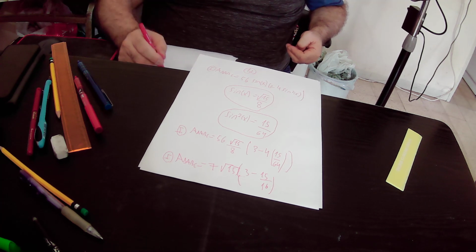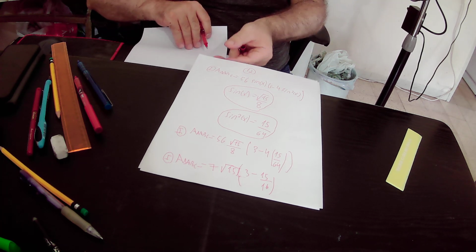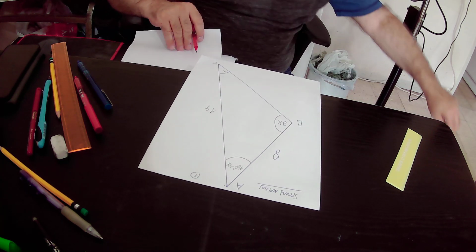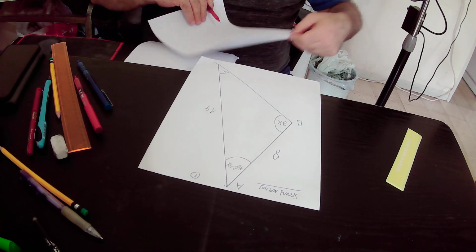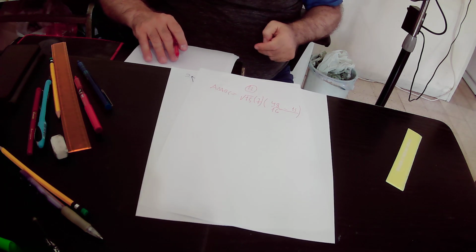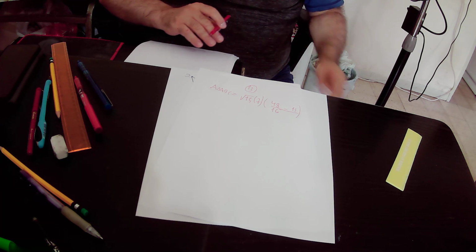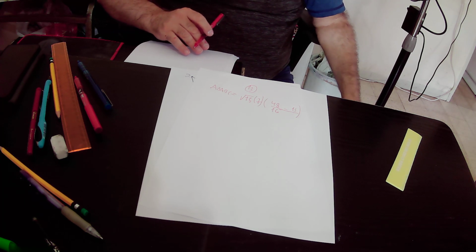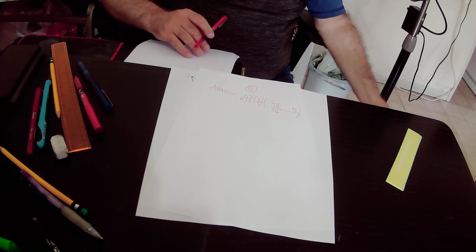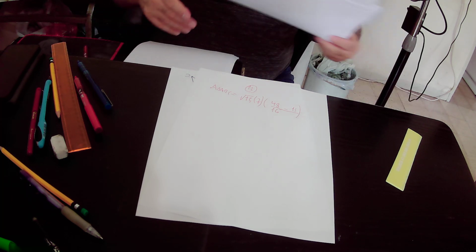Okay, so we found out that the area of triangle ABC equals root 15 times 7. In the brackets we have 48 minus 15 over 16. 48 minus 15 is 33.